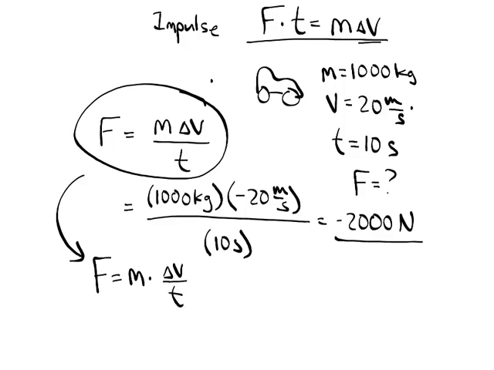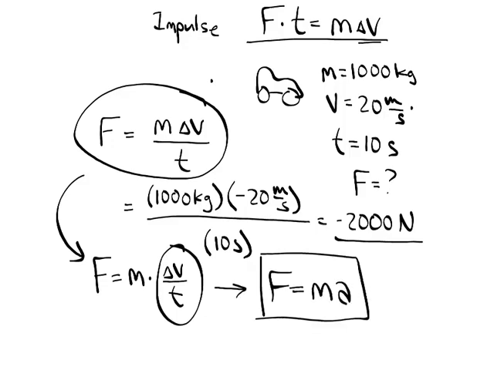And you might remember that acceleration is defined as the change in velocity over time. So this becomes F equals ma. This impulse momentum theorem is just Newton's second law, but written in terms of momentum and time instead of combining the change in velocity and time into an acceleration like this.